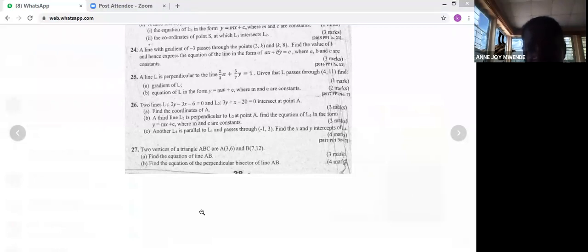Just find the x and y intercepts of line 4. This one is just a revision of what you have done. So I'm giving you only 5 minutes.